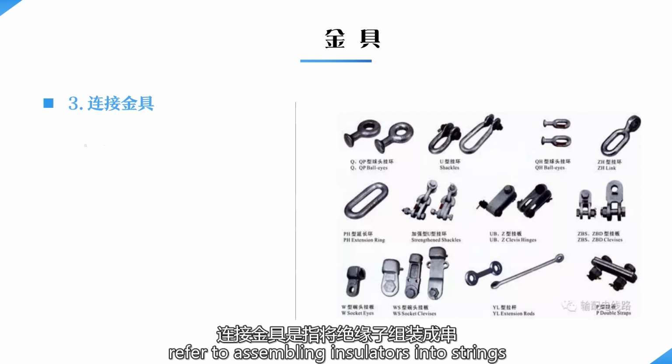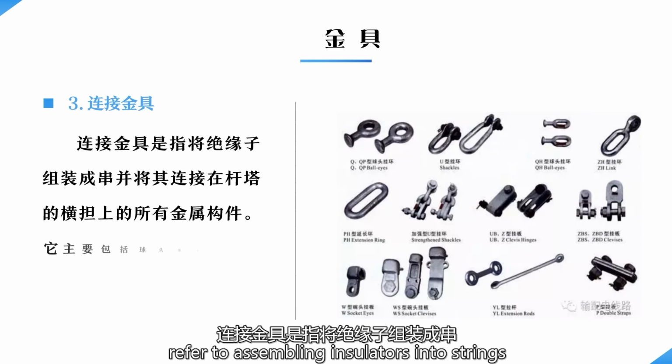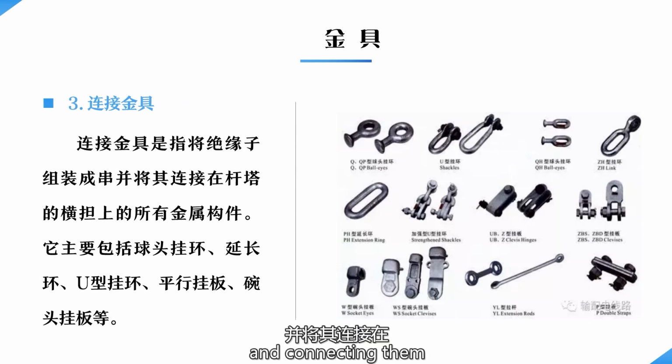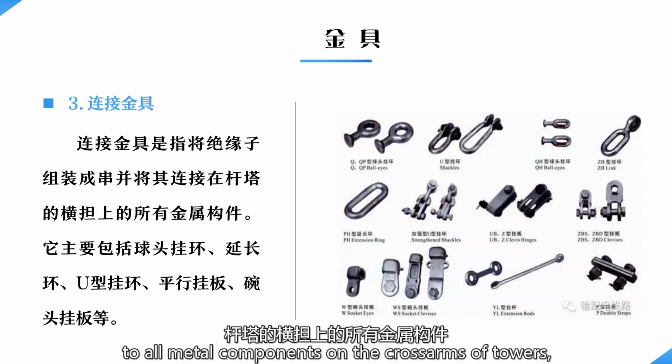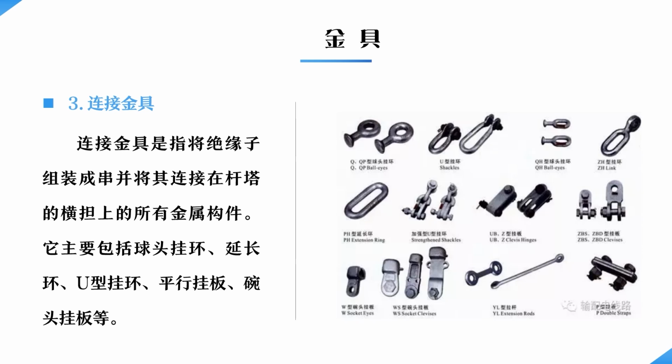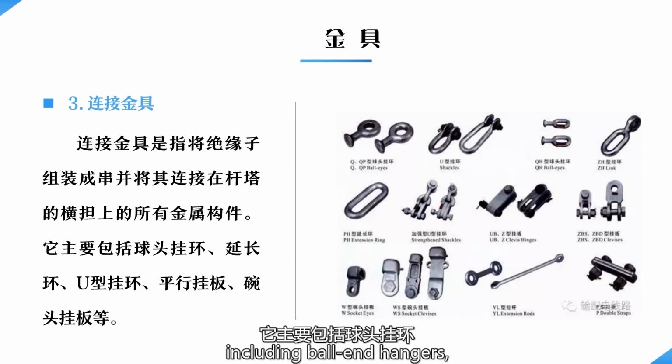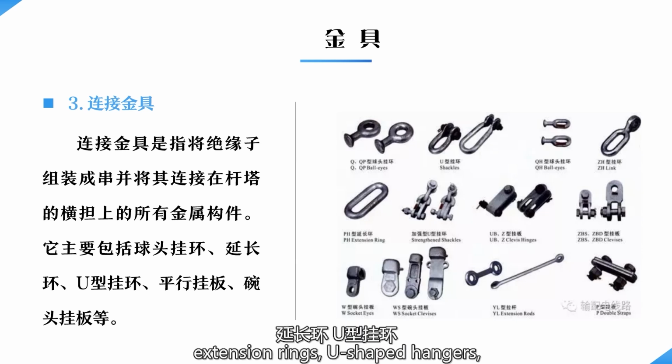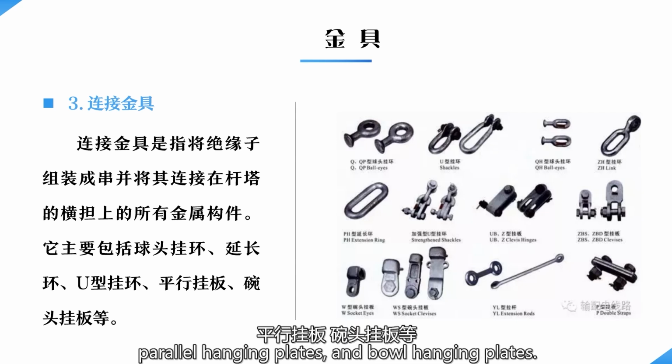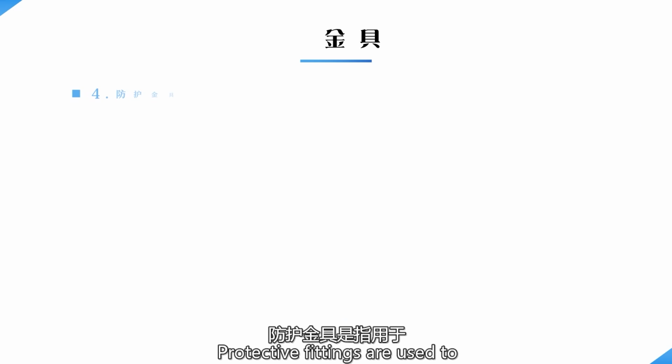Connecting fittings refer to assembling insulators into strings and connecting them to all metal components on the cross arms of towers, including ball end hangers, extension rings, U-shaped hangers, parallel hanging plates, and ball hanging plates.